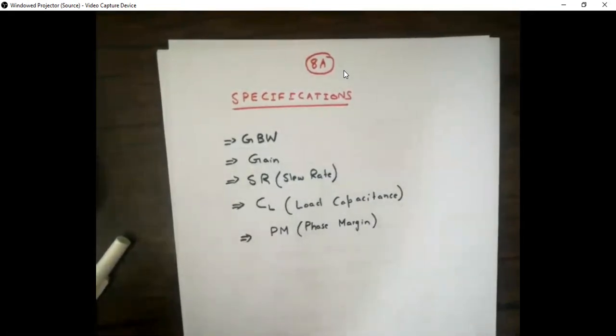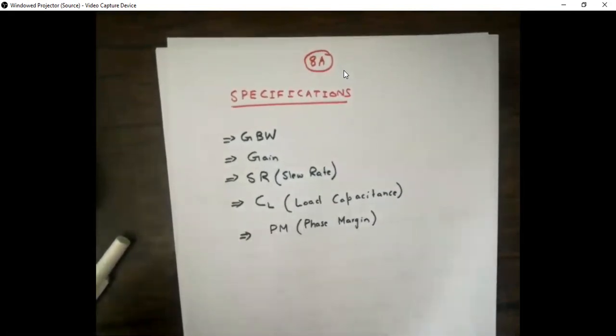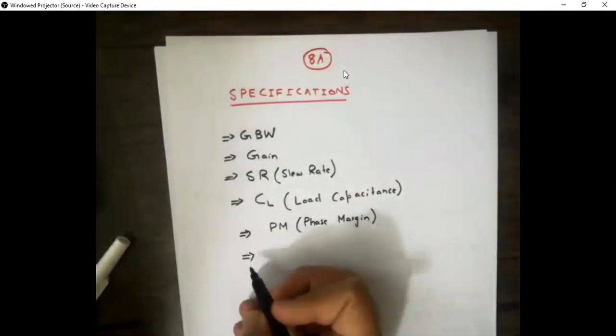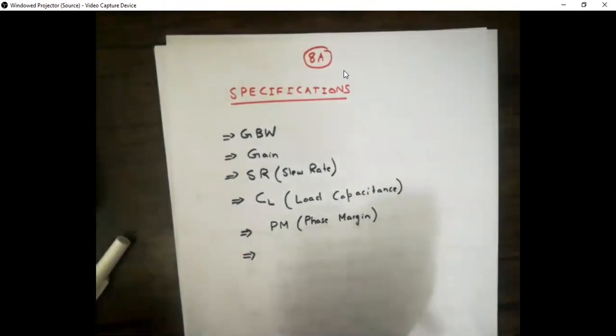Is it 45-degree stable? Is it 60 degrees? Is it 30 degrees? Whatever stability is required, I need to design based on that requirement. So I need a gain bandwidth, a gain, a slew rate, a load capacitance, and a phase margin. What else does anybody think is needed for this?